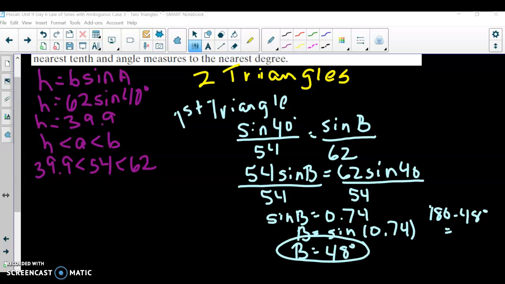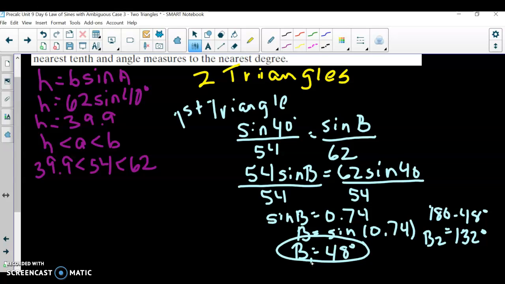So 180 minus 48 is 132. So this is your second angle. This is the value of B2. Okay? So B1 could be 48, or B could also be 132.